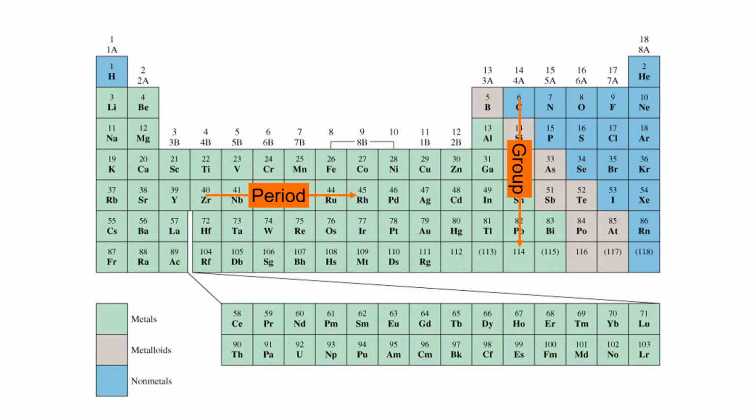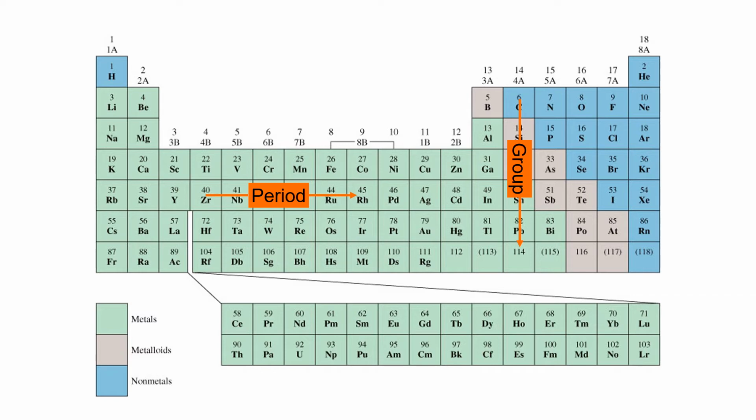They behave similarly. Now you'll also notice at the headings of these families, we have 1A, 2A, we jump over here, 3A up to 8A. These are the main group elements or the representative elements.